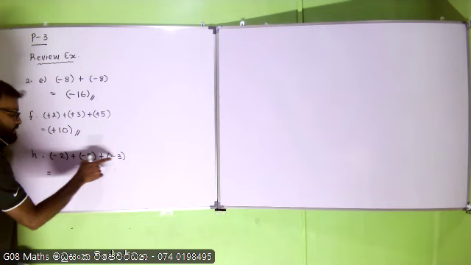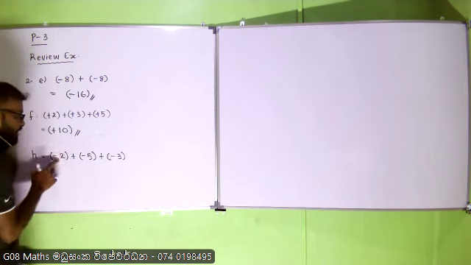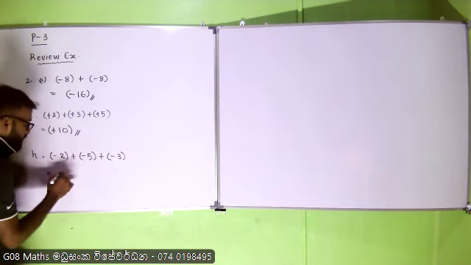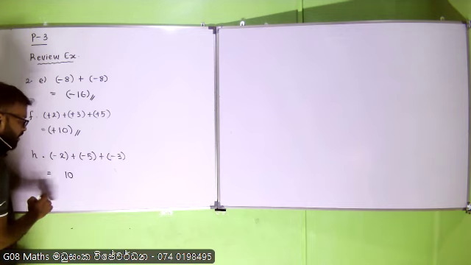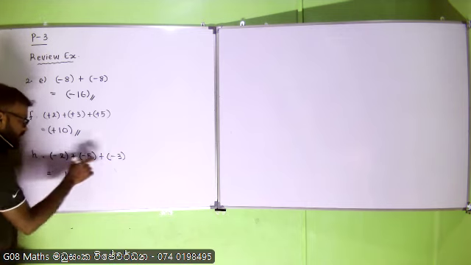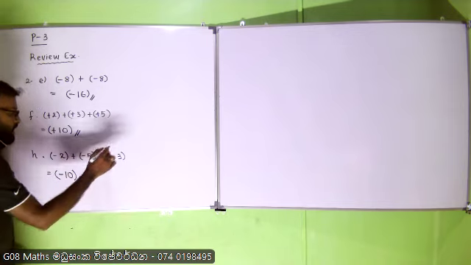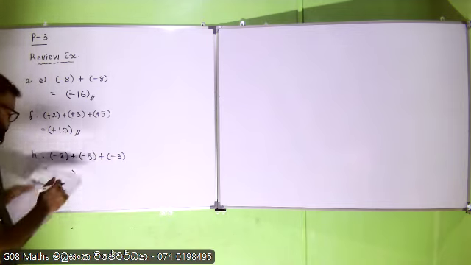All are in the same sign, negative. So just add the numbers. 2 plus 5, 7. 7 plus 3, 10. Then put the same sign. That is negative, because all of the numbers are in the same direction.